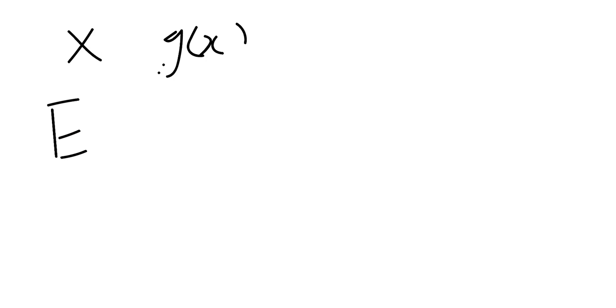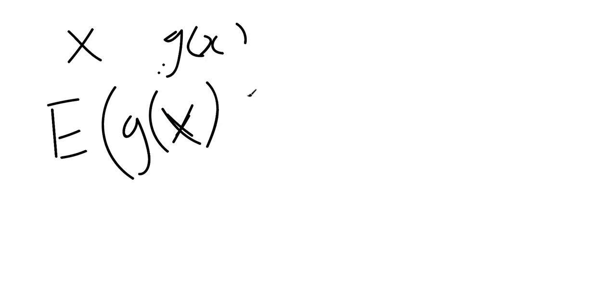Now, we can also see that if we have some discrete random variable x, and we have some function g of x, then we can take the expectation of this new random variable, g of x, and this equals the summation.